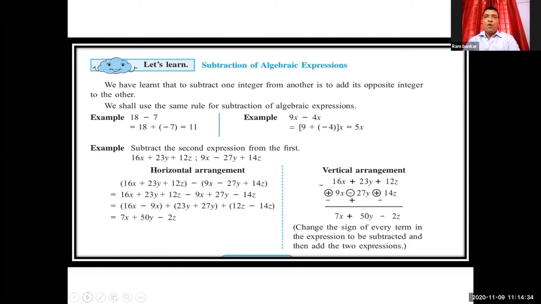So operate the bracket. 16 minus 9, 7x is there, 23 plus 27y, 50y, and the last bracket 12 minus 14z, minus 2z is the answer. So in this way we can solve a subtraction also. In the same way we can solve this expression in vertical arrangement also. Okay, look at the next slide.